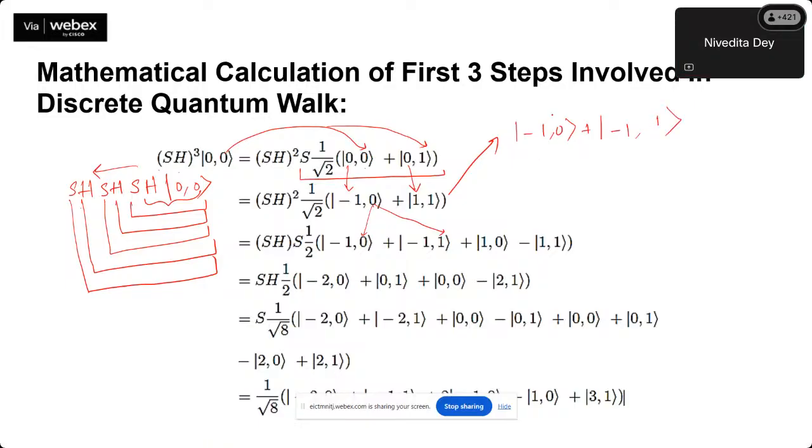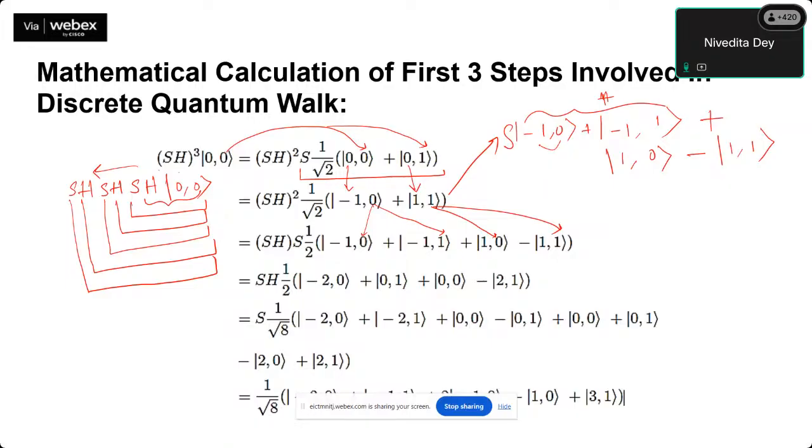And this is the effect of Hadamard. It will be plus, for this one, it will be 0, then minus 1. Nothing else. So the first one will be as it is, then ket 0 minus ket 1. Now you will be applying a shift gate again in the next step.